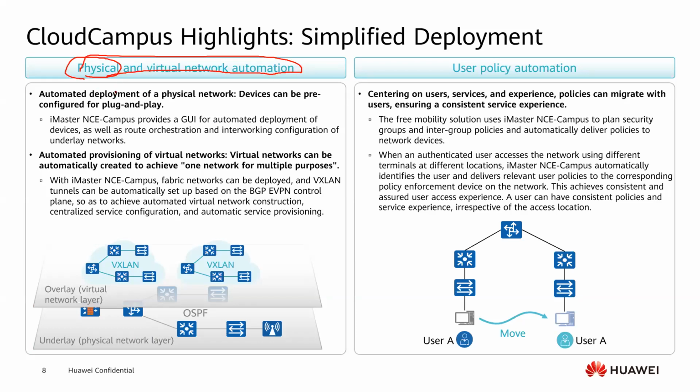It can also create virtual networks over the physical network to support different isolated services. For both of these configurations, you do not need to configure manually. You can just do some deployment on the controller, and the controller will directly send the specific configuration to the devices.